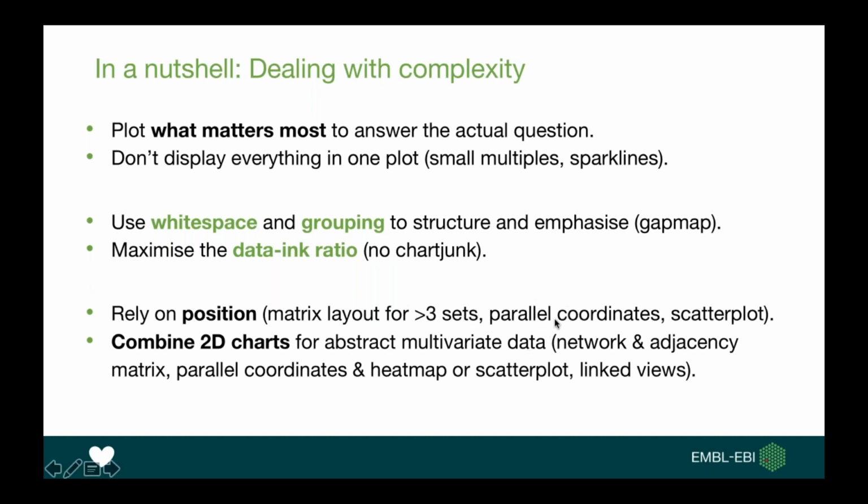We also looked at parallel coordinates, again as an alternative to the heat map, which uses position, and the scatter plot, a two-dimensional position visualization. And the other thing you can do is to combine 2D charts for abstract multivariate data. So we showed combinations of network and the adjacency matrix to deal with occlusion, parallel coordinates in the heat map or the scatter plot, and also linked views, so ways to explore data from different perspectives.